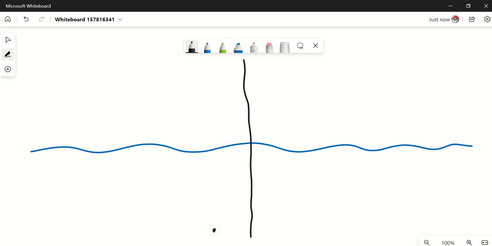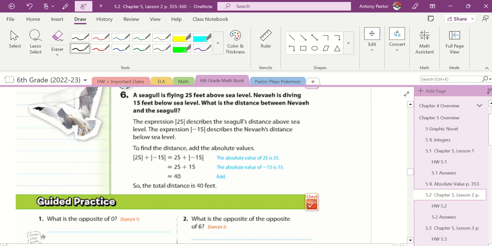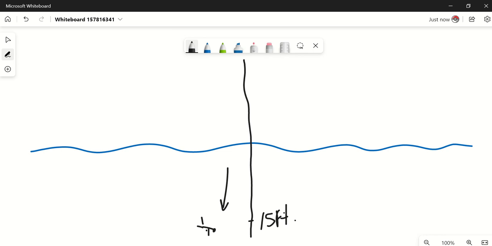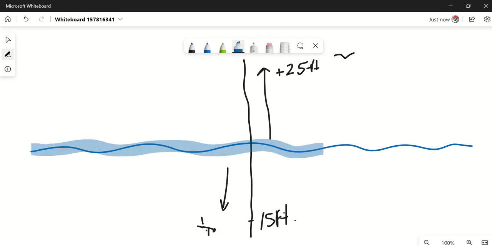Nevaeh, here she is diving deep, is 15 feet below, or negative 15. Our little seagull that's flying is above sea level 25 feet, or positive 25. Sea level here, the top of the ocean, will be considered 0.